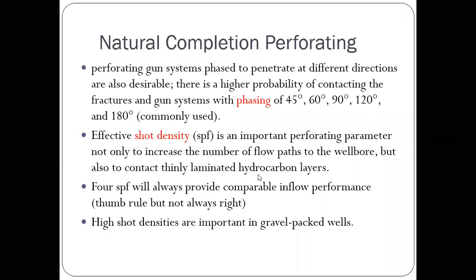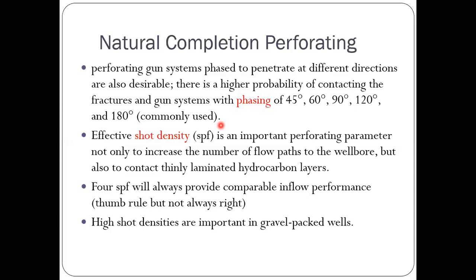But if you have very highly permeable formations, then obviously it is desirable that we should have higher shot density. Higher shot density means a higher number of perforations per foot, so you can have a higher production rate.